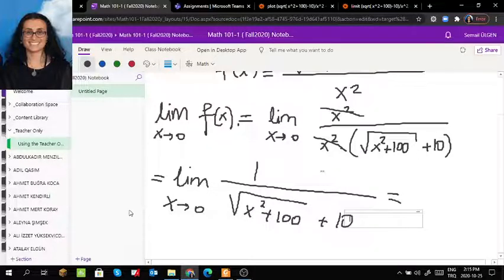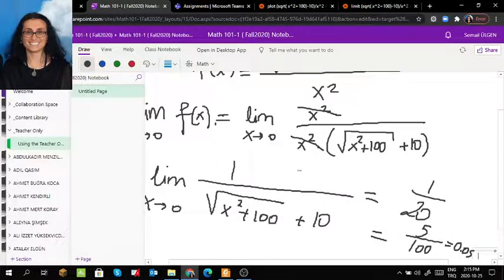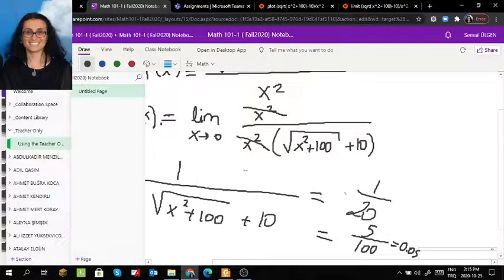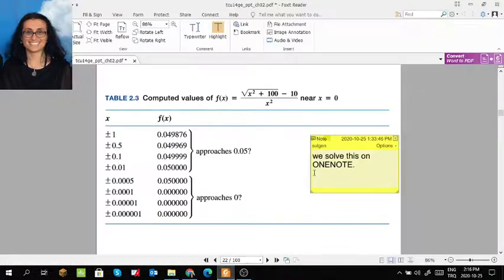Now I can plug in 0 because it doesn't cause any problems. If you plug in 0 here, you get the square root of 100, which is 10. So my answer will be 1 over 20. But 1 over 20 is what? This is 5 over 100, which is actually 0.05. So this is the limit, and that's how we would do it. This is the right answer.